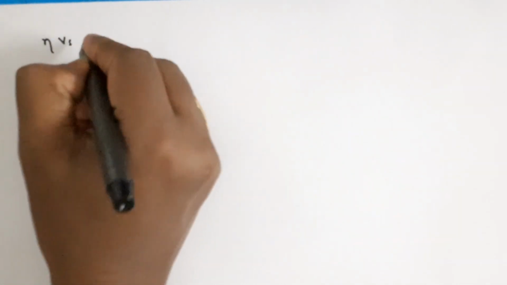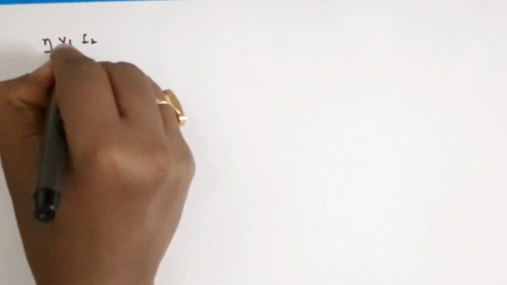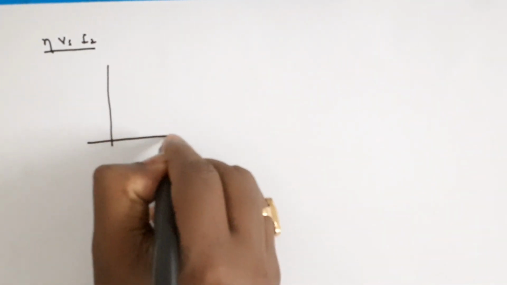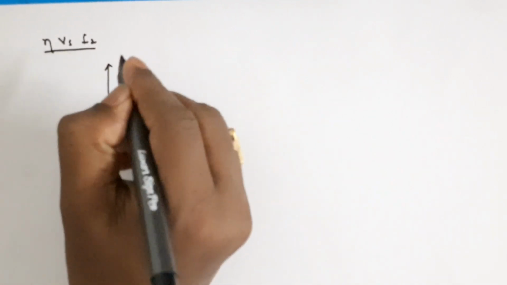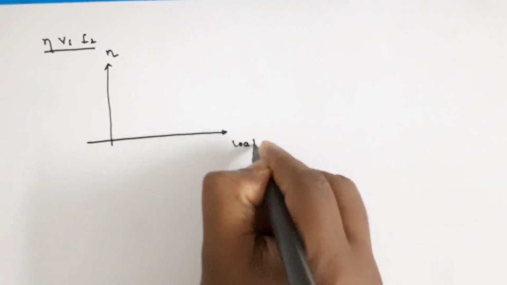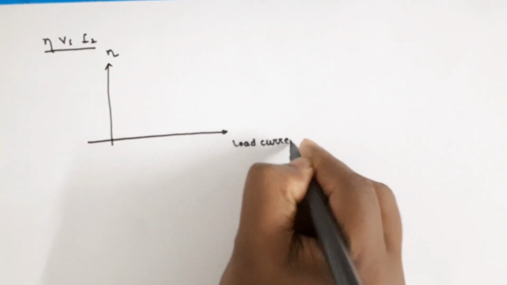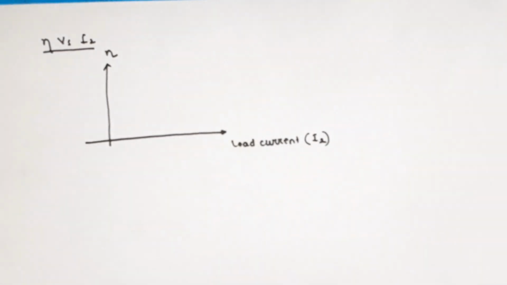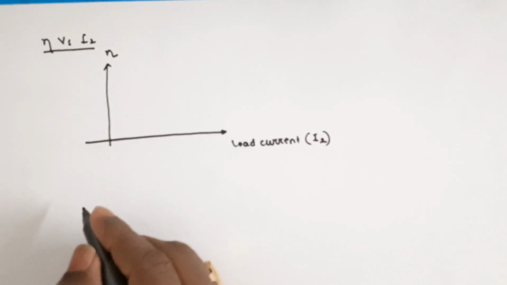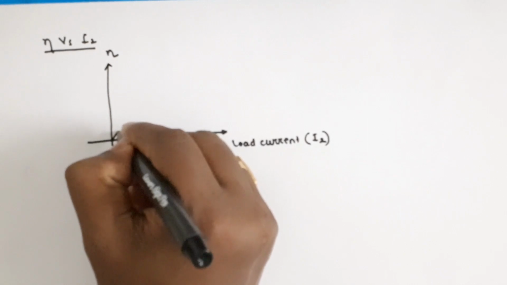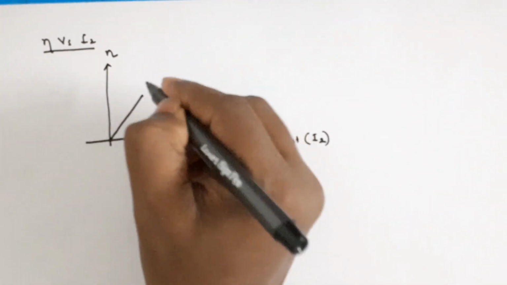We have to draw the efficiency versus load current I2 graph. This is your efficiency axis, this is your load current axis, efficiency and load current I2. When the load current increases, then efficiency also increases like this.